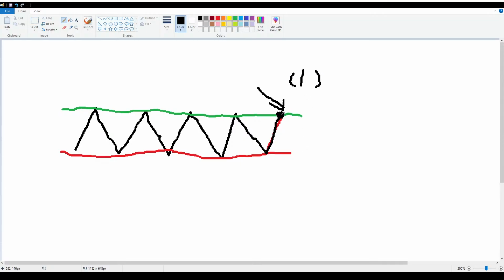Okay, and then the second one would be to wait for the market to escape the range and come back to retest or to retouch the broken resistance or support level. Okay, so that would be the second entry point. Okay, and then the third entry point would be when the market does the retracement and then it breaks the previous high that the market made after it escaped the range. So that would be your third entry point.